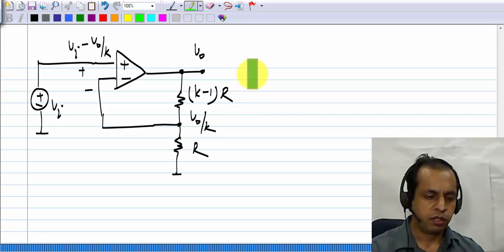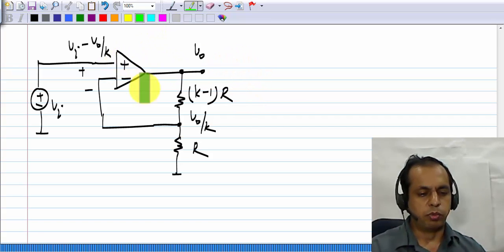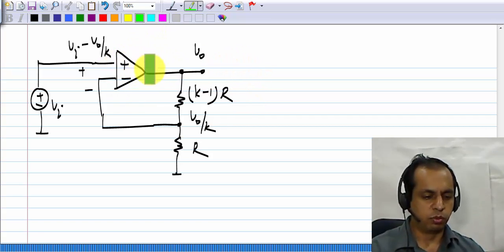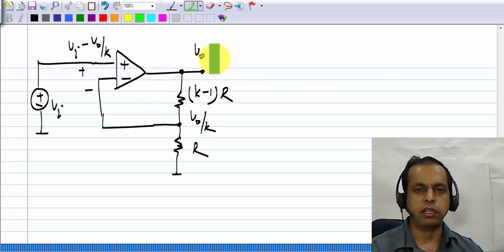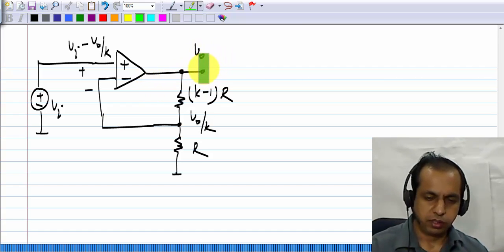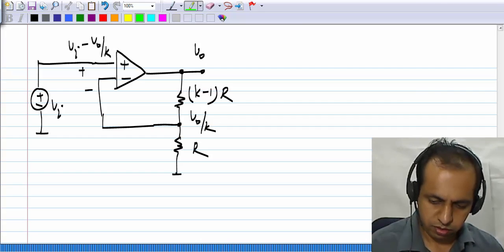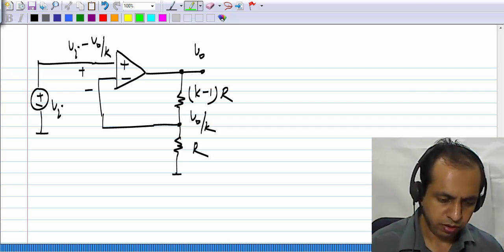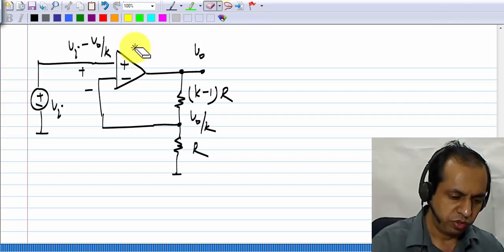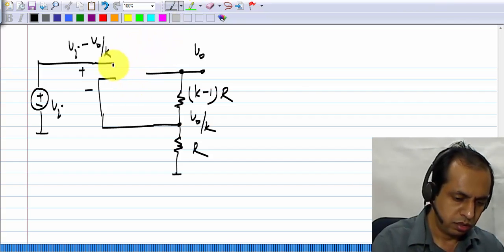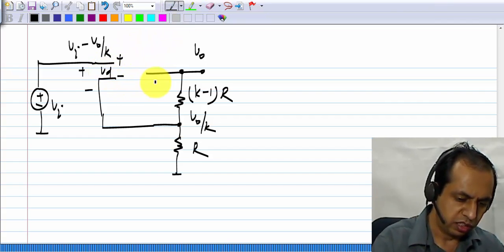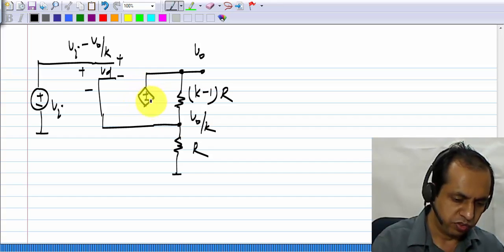Okay. So now we need to insert the model of the op-amp, which is a voltage controlled voltage source, and see what exactly the output voltage will be. If you do that, this is Vd, and you know that the model for the op-amp is A0 times Vd.